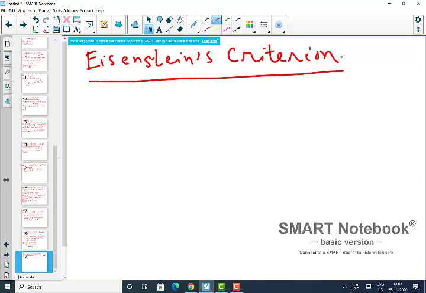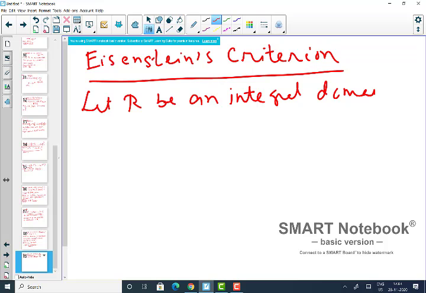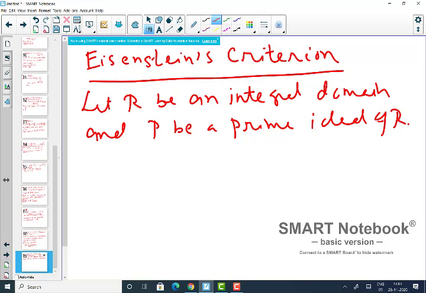So what is the property for a general ring? Let R be an integral domain and P be a prime ideal of R. Let you choose a polynomial. Maybe I am writing too many p's, so let me write f, otherwise you have an ideal P also.